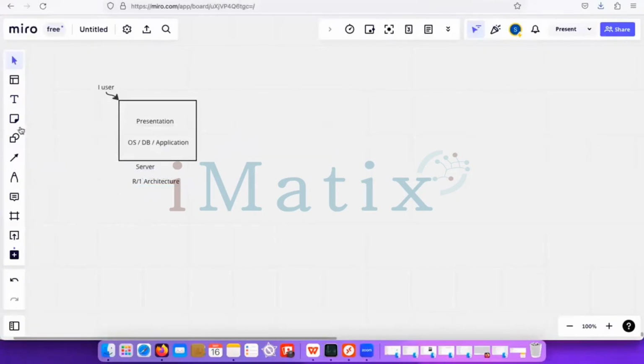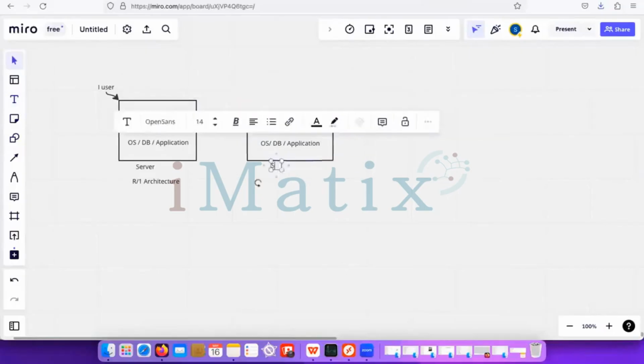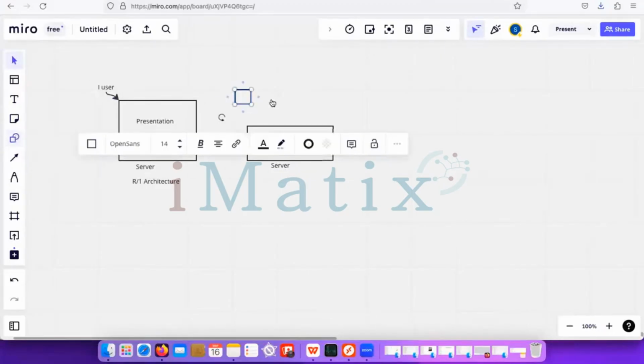Then R2 comes. In R2 we have come up with this solution. You have the operating system, database and application. Database and application are running in one box, on one server, and you have different client machines. Here we can have multiple users.